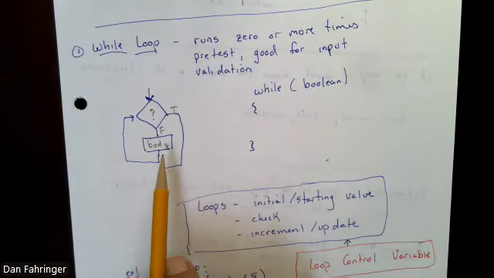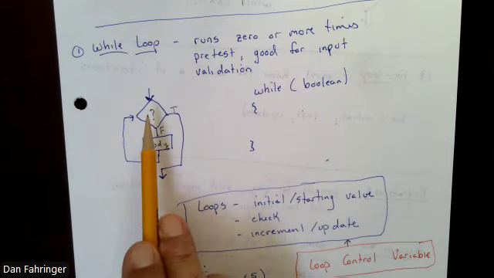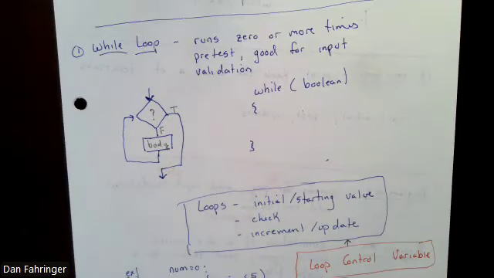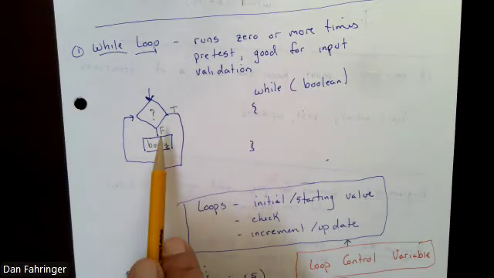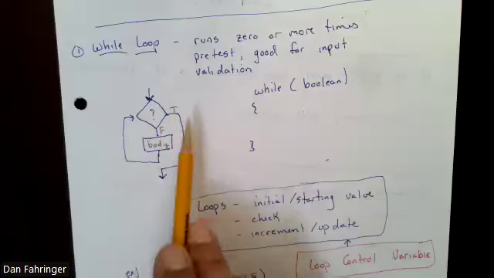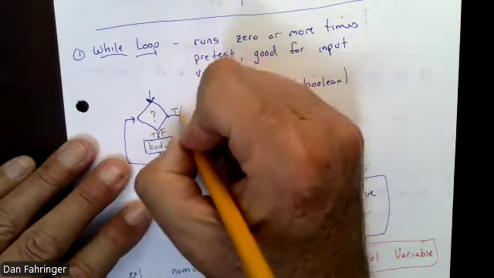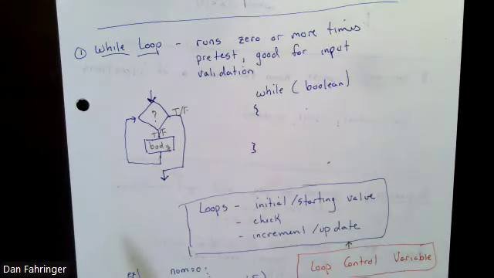If it's false, we do the body and go back up and run again. True gets me out. It evaluates to true or false, one or the other.